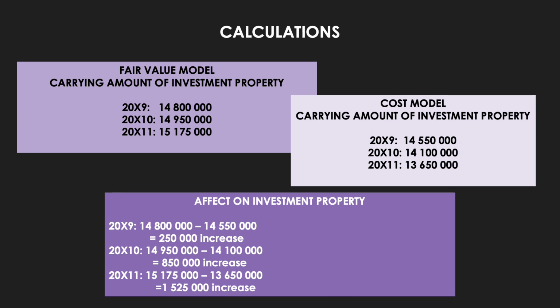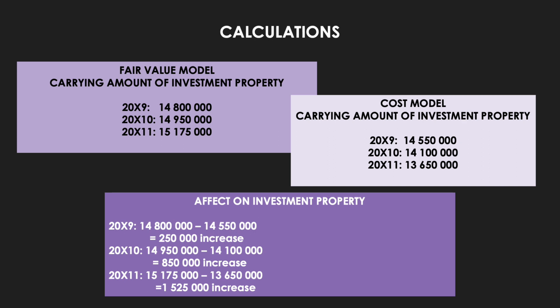Once again, if we do this in 2011, on the fair value model, we should have a carrying amount of 15,175,000 Rand. However, on the cost model, we have a carrying amount of 13,650,000 Rand. Therefore, we need to increase the carrying amount of investment property by 1,525,000 Rand.